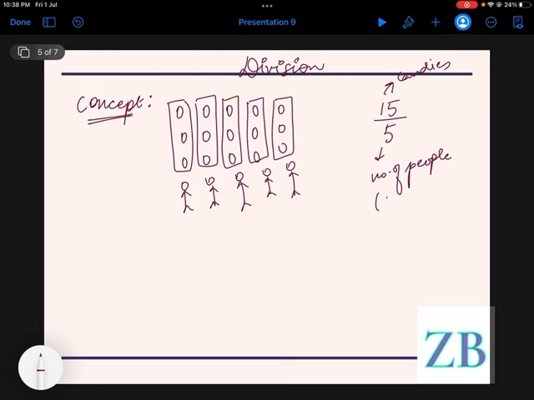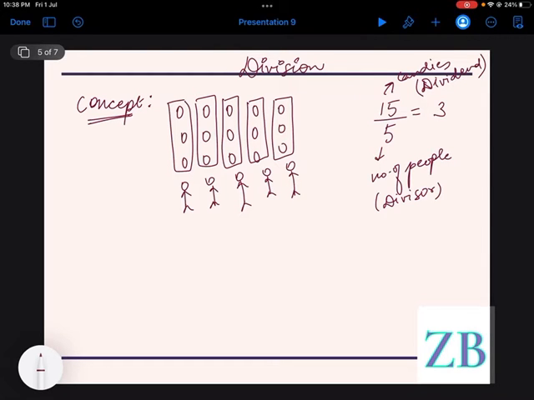So they represent the divisor, or the divisor represents them, and candies are represented by the dividend. We call that part the dividend, something that has to be distributed. And upon dividing 15 by 5, or after dividing 15 candies into 5 people, I get 3.